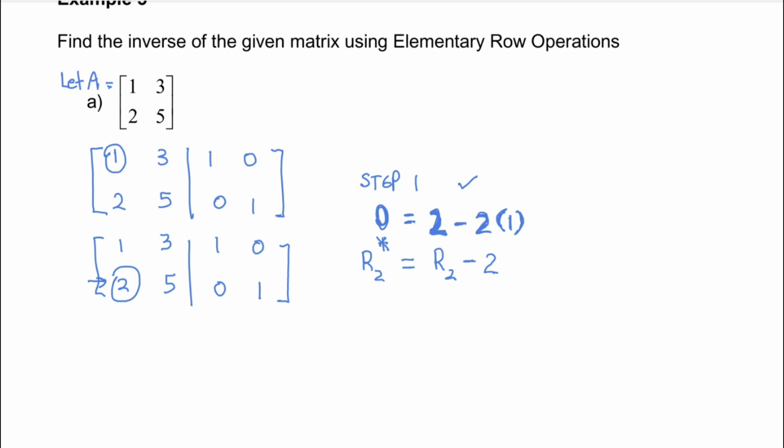And what is 1 here? 1 here is the element in row 1. So row 1. That's how you form the formula. Okay. So everything in row 2, you must change into the new value by using this formula.